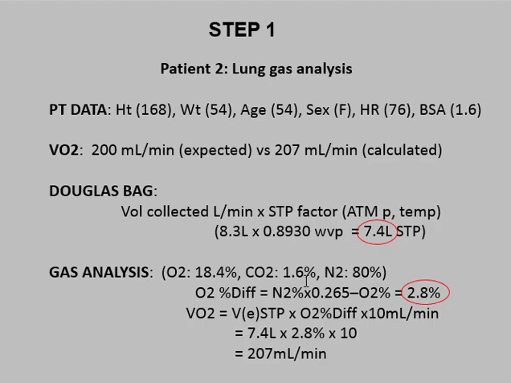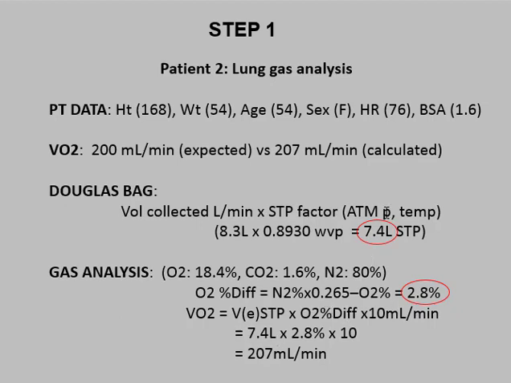And we use this formula, which tells us the O2% difference is the nitrogen, 80, times 0.265 minus the oxygen, 18.4. And that gives us 2.8. And the VO2 is that volume exhaled at standard temperature and pressure times the oxygen percent difference times 10.